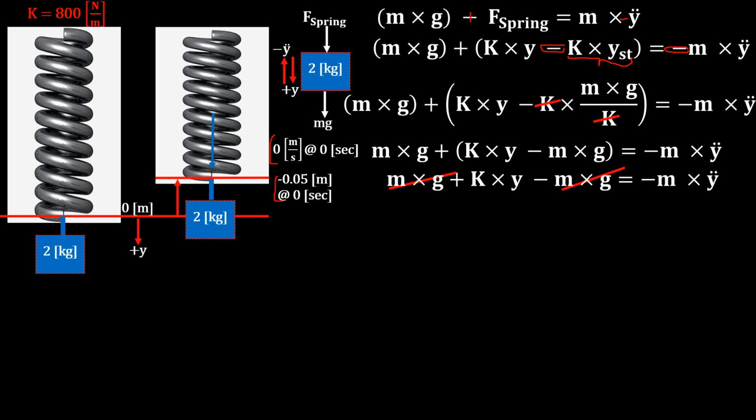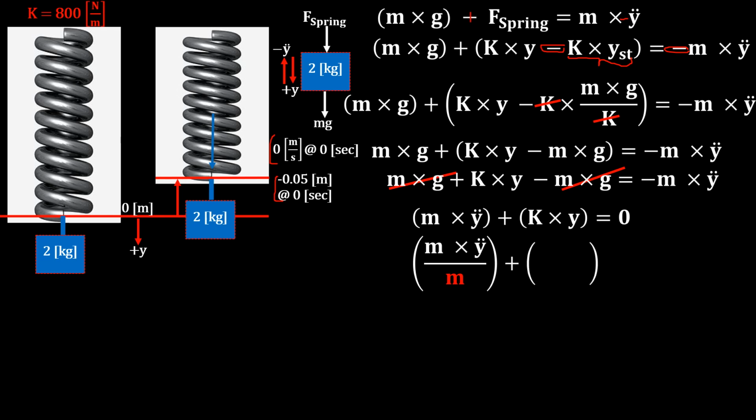Next, the mass times gravity will cancel with this mass times gravity, and we can rewrite this equation by moving this to the other side, and it will give us this equation. So now we can divide the mass in both sides of the equation, as we can see in here. So here the mass will cancel with the mass, and we can rewrite the equation: the acceleration plus k over m times y equal to 0.